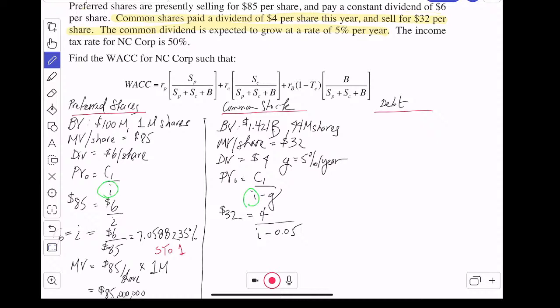So when you solve this, the return to common stockholders will be the solution here. Let me just do an intermediate step. This is using the dividend growth model. So I estimate the required rate of return.